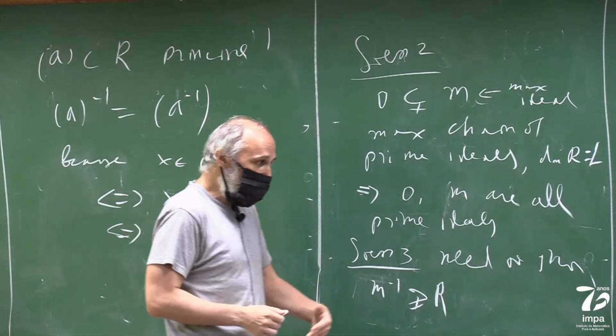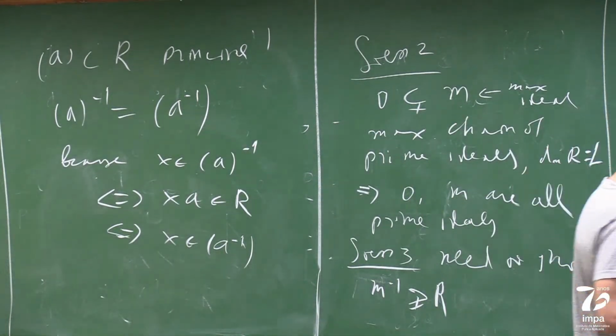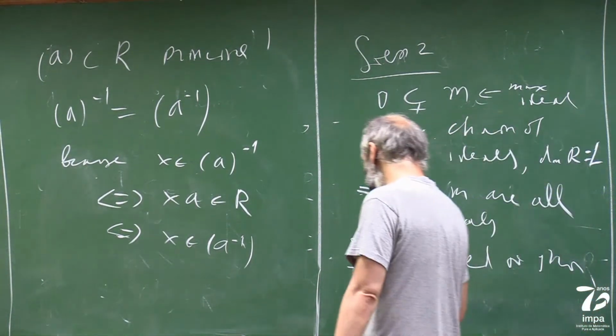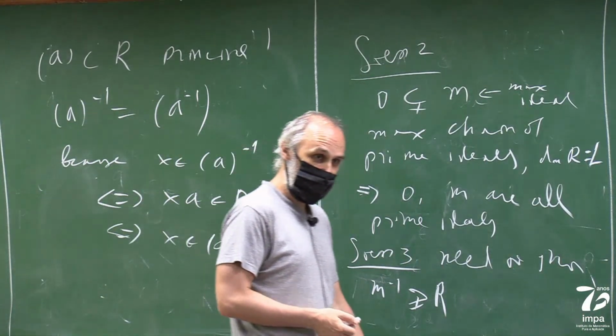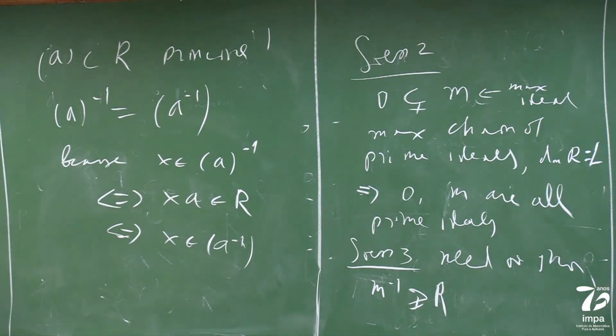So at least you have one fractional module which has the property that its inverse is not equal to itself, because obviously not all elements in R are invertible, it has dimension 1.